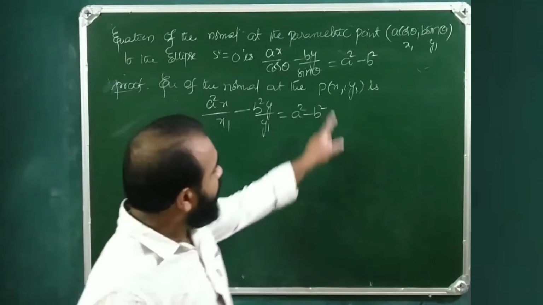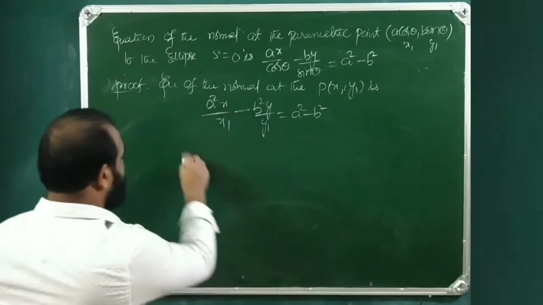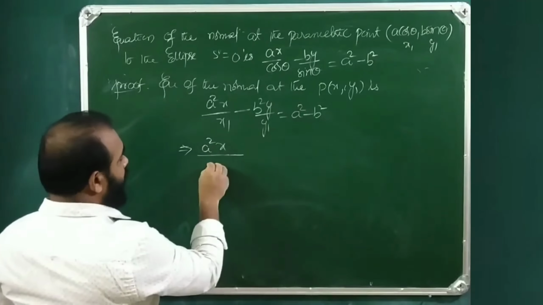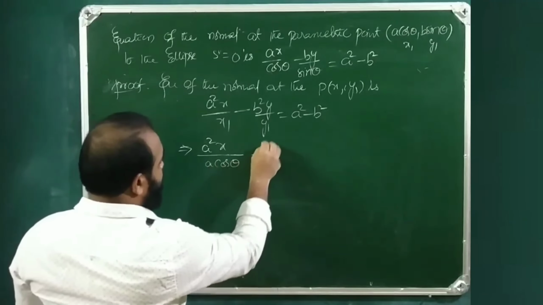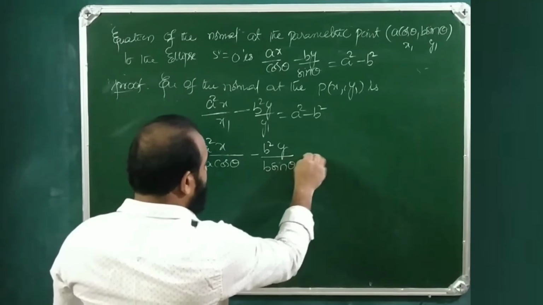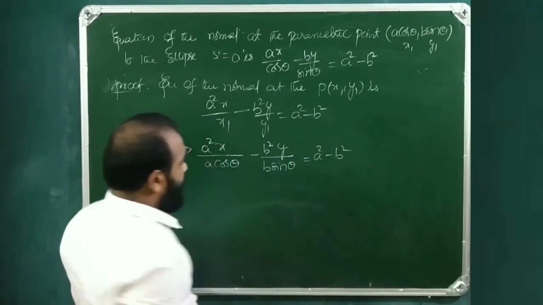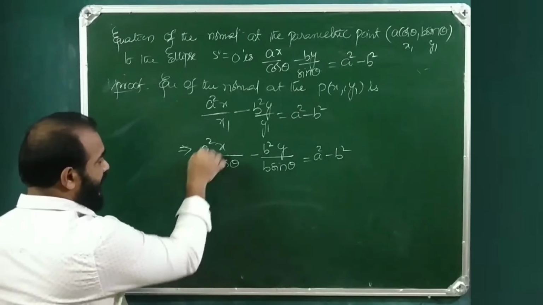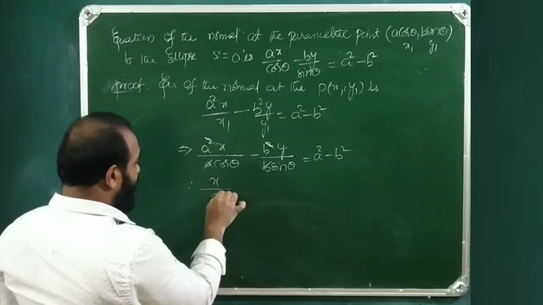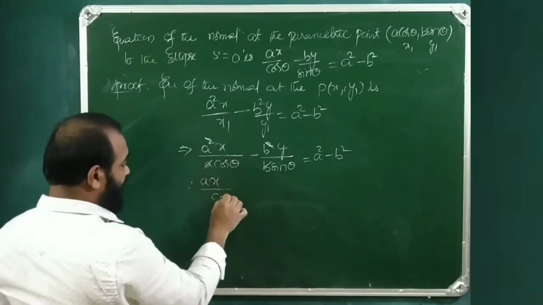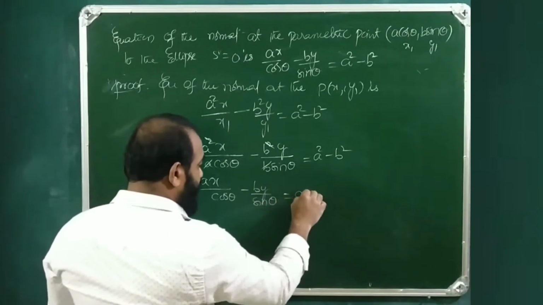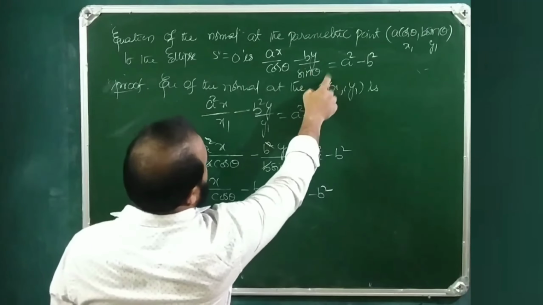At the parametric point, x1 is a cos theta and y1 is b sin theta. Substitute: a square x by a cos theta minus b square y by b sin theta is equal to a square minus b square. So this a gets cancelled, b gets cancelled. Therefore we get ax by cos theta minus by by sin theta is equals to a square minus b square.